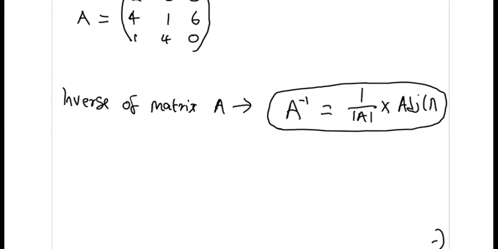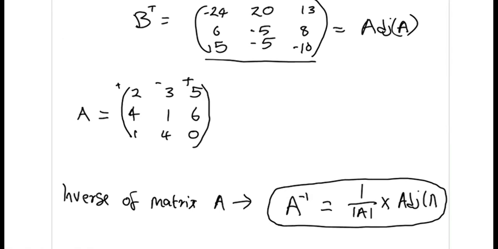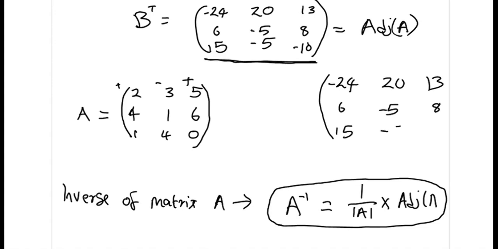Okay, so I have my adjoint of A. I'm going to represent it here. Minus 24, 20, 13, 6, negative 5, 8, 15, negative 5, and negative 10.